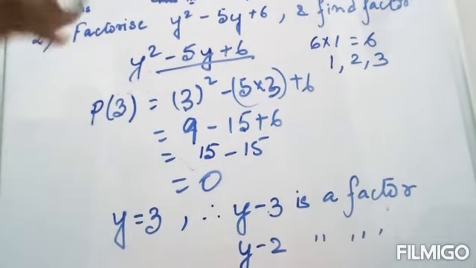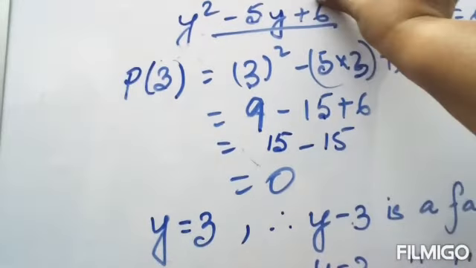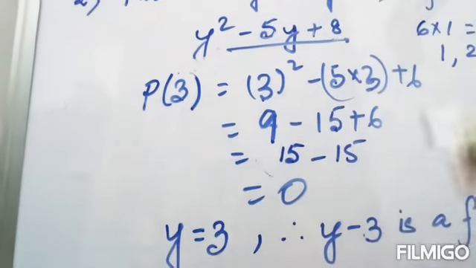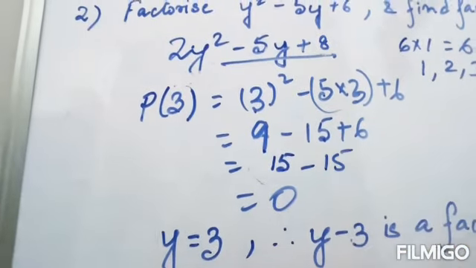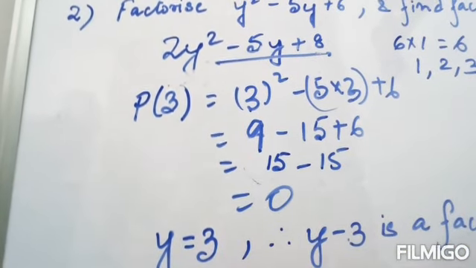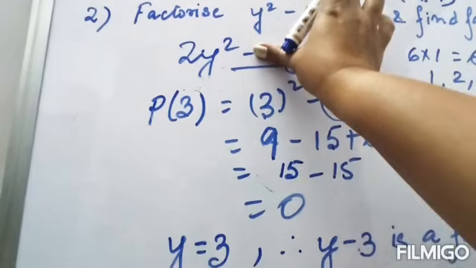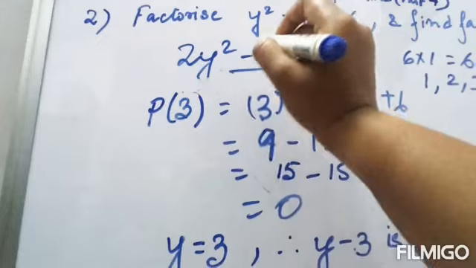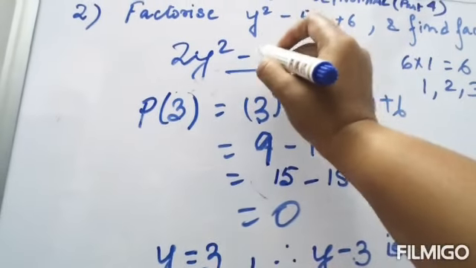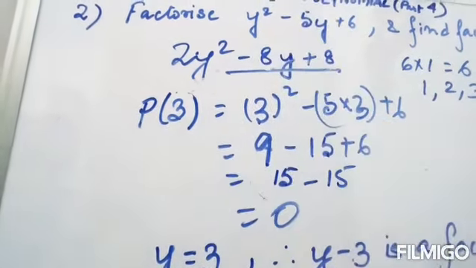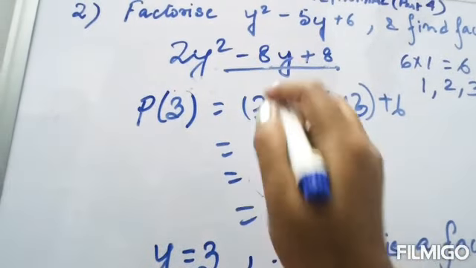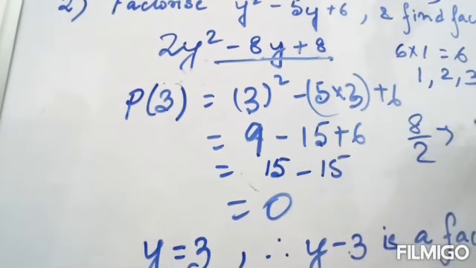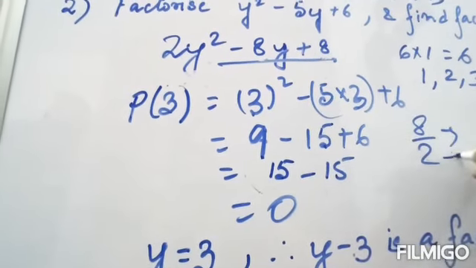Like, suppose for example here it was 8, and here it was 2. So what we will do, 8 by 2 we are going to do, and individually we are going to find out the factors of 8.